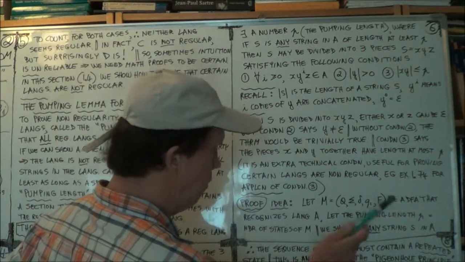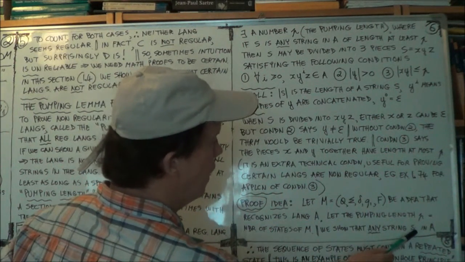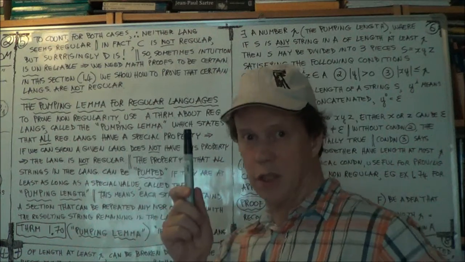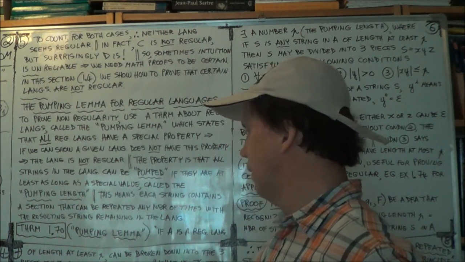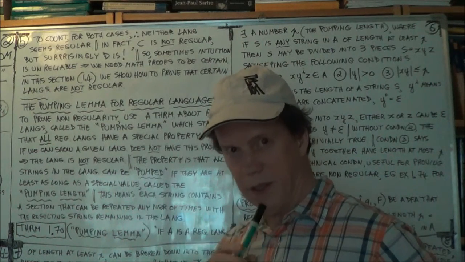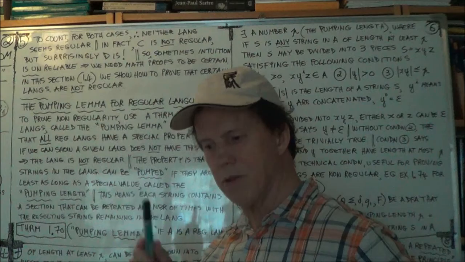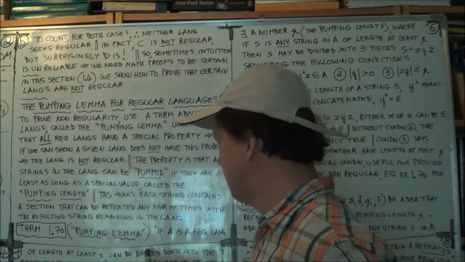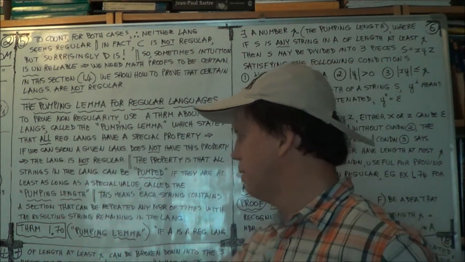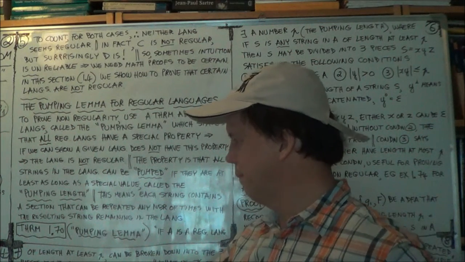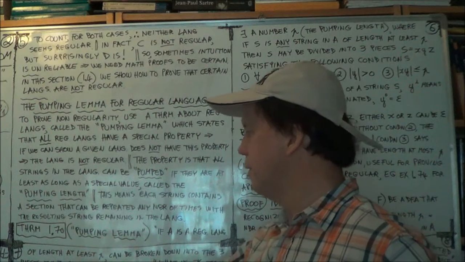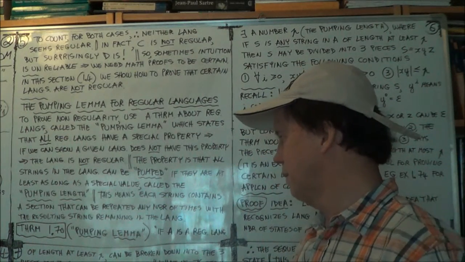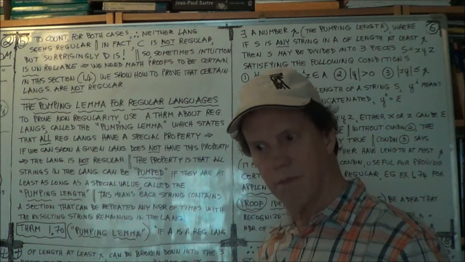Okay, and then we will prove that any string s in this language whose length is at least p, where p is the number of states in the machine, then that string s you can break into three pieces x, y, z, and these pieces satisfy the three conditions. That's the main direction of the proof.